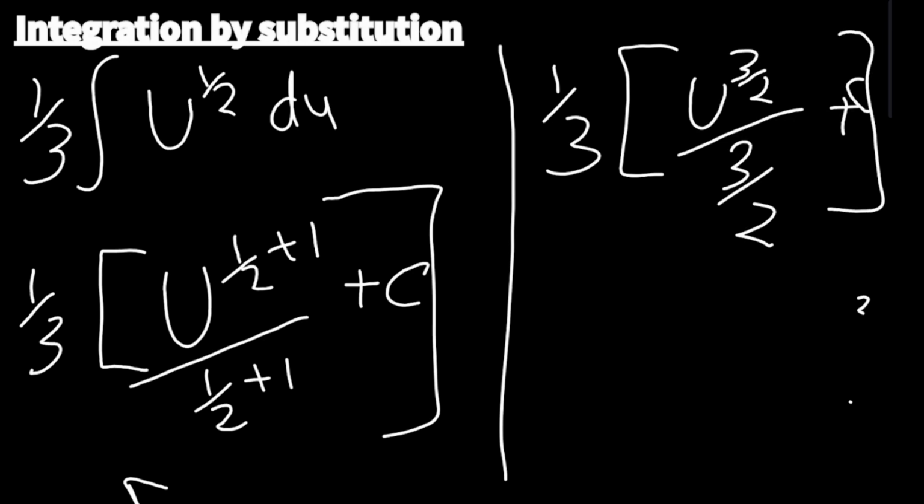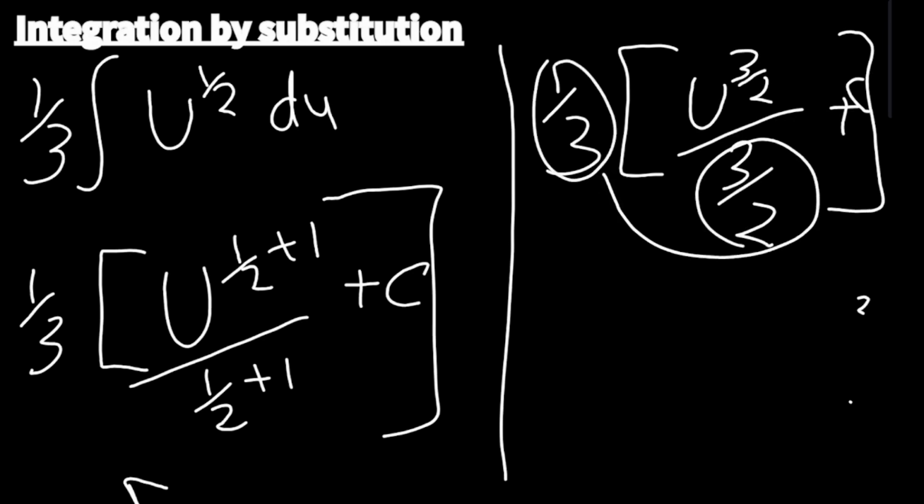Now, what is a third divided by 3 over 2? A third divided by 3 over 2, that will be 2 over 9 u raised to 3 over 2 plus c. But what was our u?